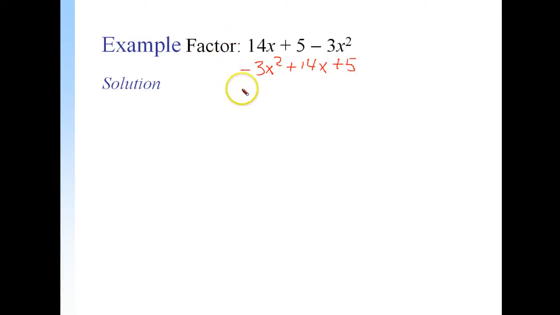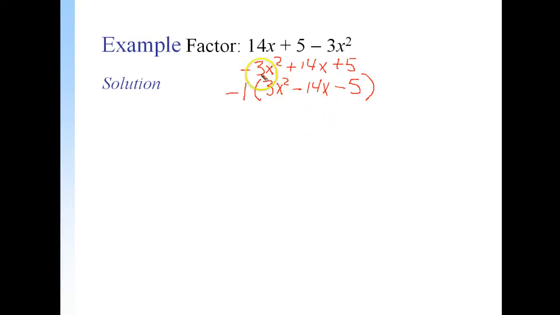So what I'm going to do, and I'm allowed to do this, is factor out a negative 1. This changes all my signs. This now becomes a positive x squared. This becomes a negative 14x, and this becomes a negative 5.